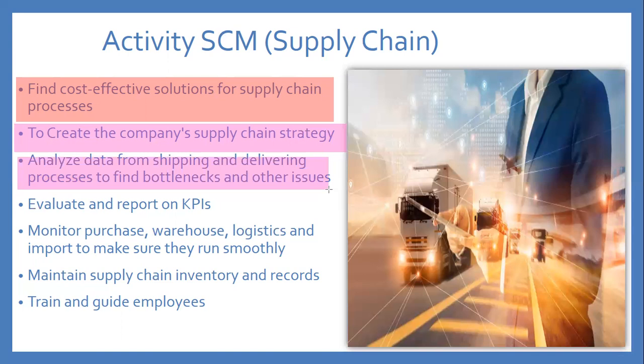In this activity, we need to analyze the data from the shipping and delivery process. Like, we daily export goods or deliver goods from a particular warehouse to the customer, and in this process we have to maintain the details of the movement of goods, how many shipments we have completed and delivered today.